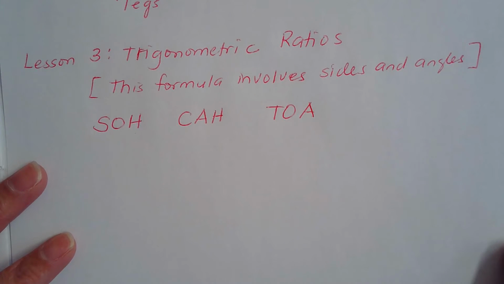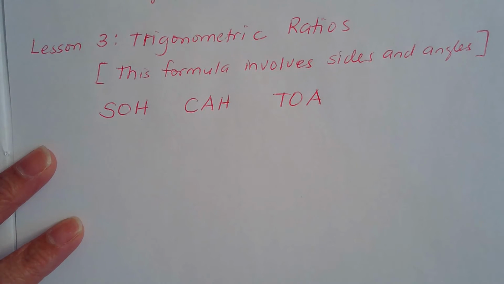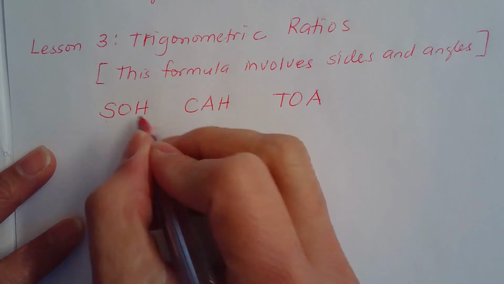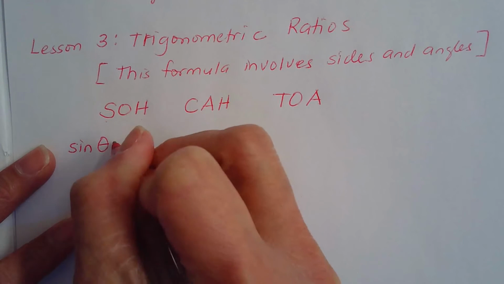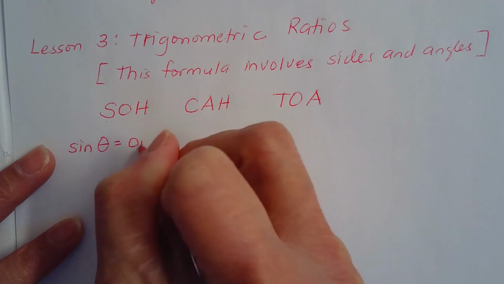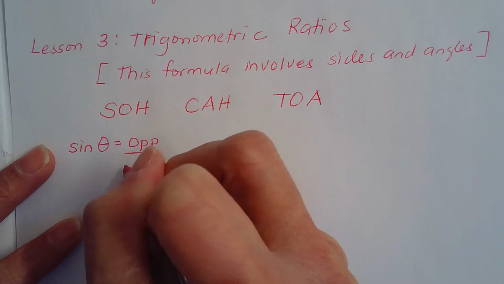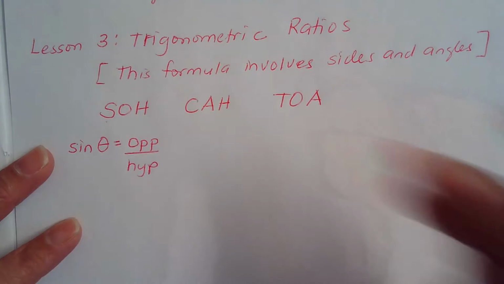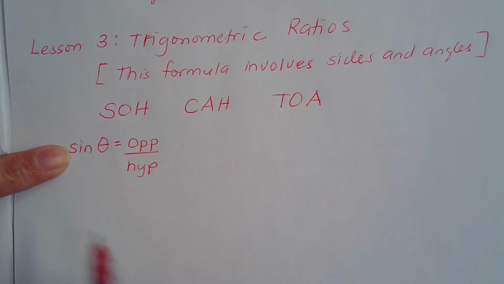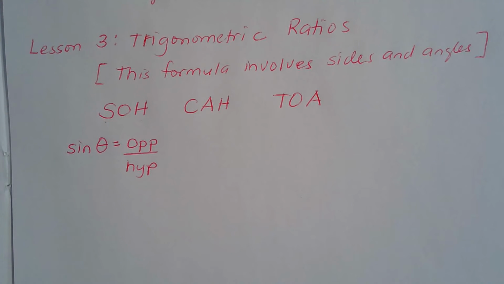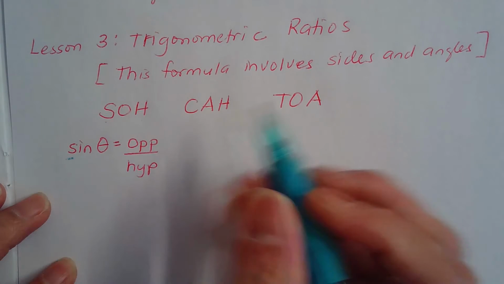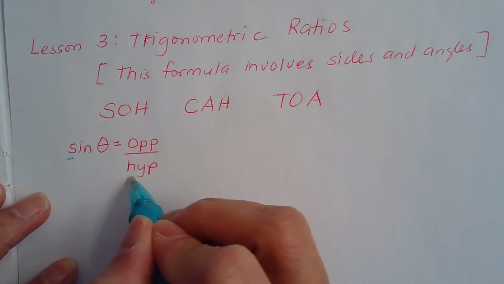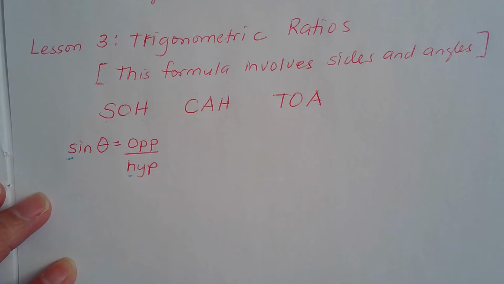So SOHCAHTOA. That means sine of theta, the angle, is equal to opposite over hypotenuse. So we're going to use the sine, that's the S, opposite over hypotenuse.